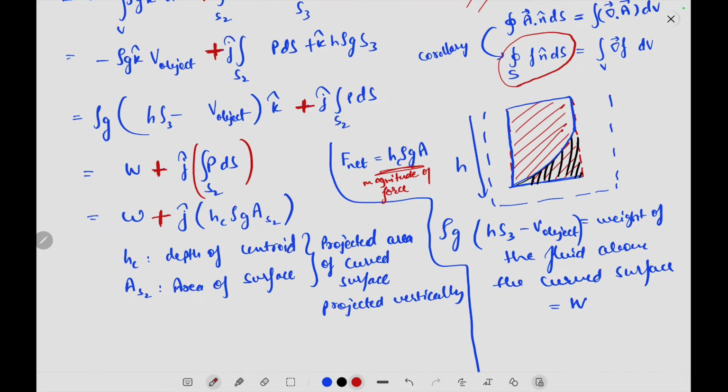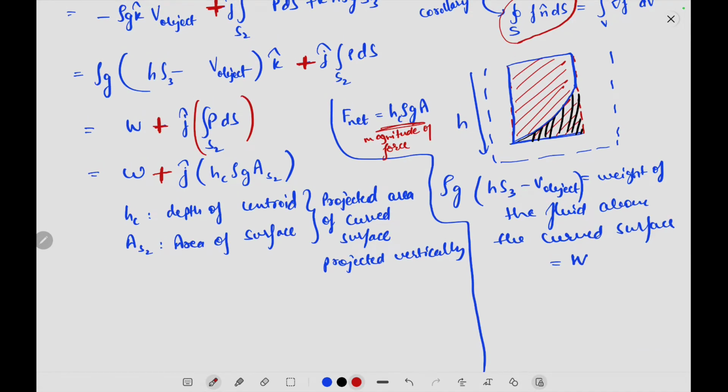That's why this will remain positive, and this will be h_c rho g times A_s. Again the definitions would be the same: h_c is the depth of the centroid and A_s is the area of the surface. And this w should come with k hat. This was just the magnitude w, so it should come with plus k hat w.